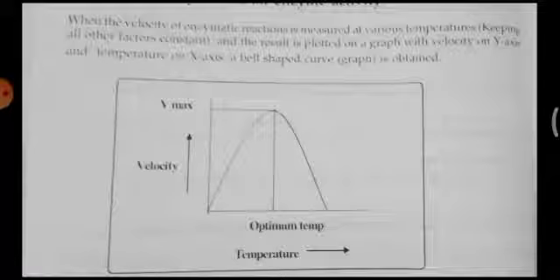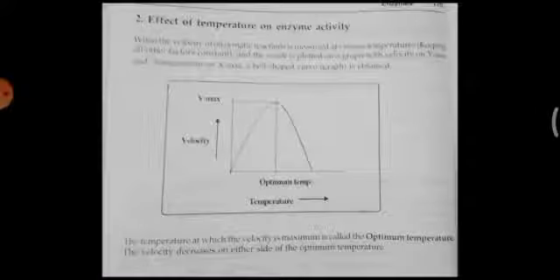If you see the middle line on the x-axis touching the maximum of the curve, on either side of this line the enzyme activity is decreasing. That means below or above this optimum temperature, enzyme activity is going to decrease. So this is about the effect of temperature on enzyme activity.